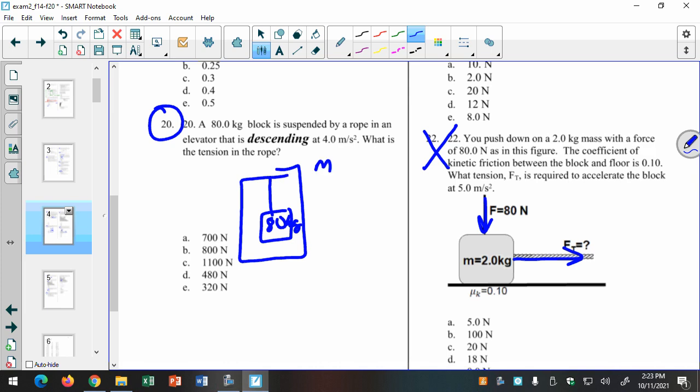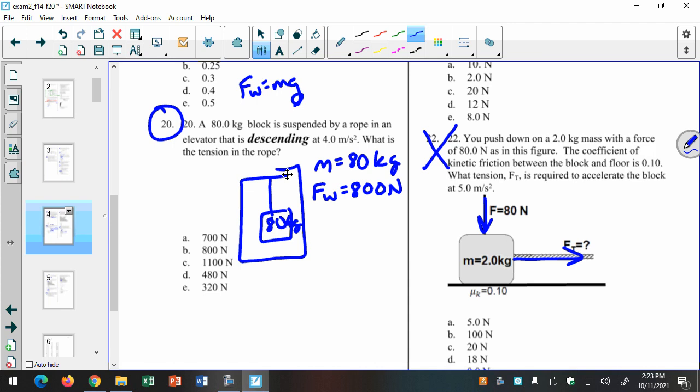So this object has a mass of 80 kilograms. It has a weight of 800 newtons. Remember, Fw equals m times g. So 80 times 10 is 800. You'll get the hang of that. I know it's sort of strange right now, but we're sometimes using masses and sometimes weights, and you just have to get used to it.